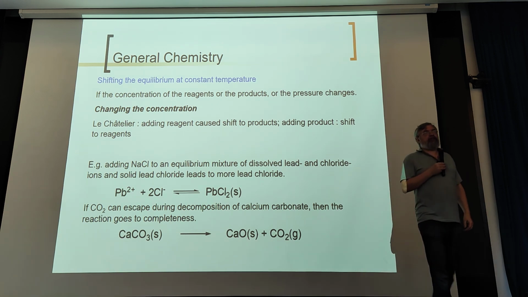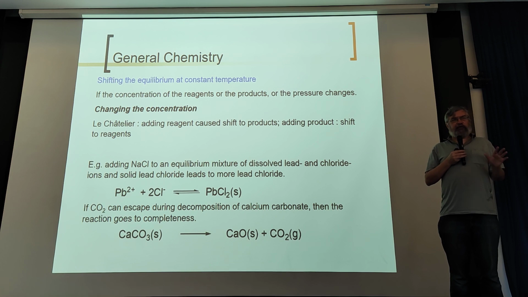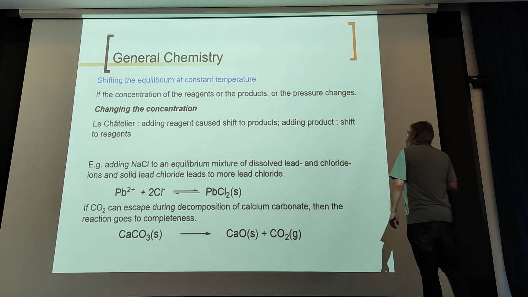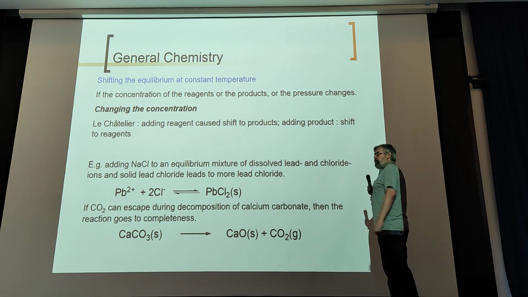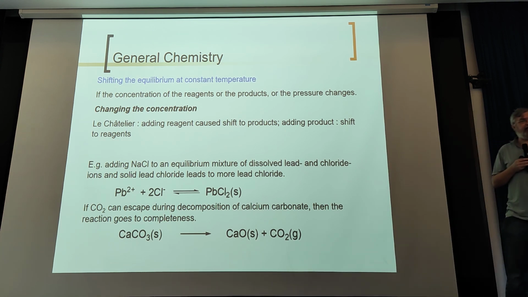Now, suppose we shift our reaction, but we keep the temperature constant. That means also K is a constant. That's one thing we don't have to worry about. It's not going to change as long as we don't change the temperature. So, if we change the concentration, Le Chatelier says that we will move in the direction where this concentration will disappear. So, adding reagents shifts to products. If we add products, shift to reagents.